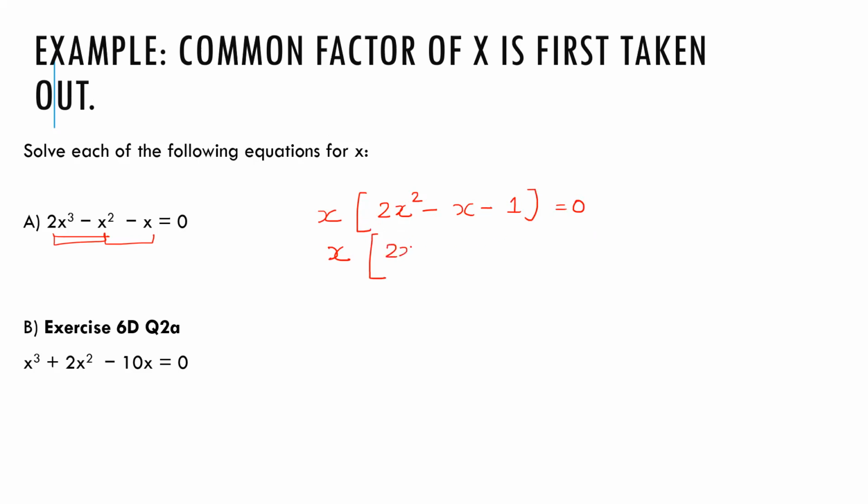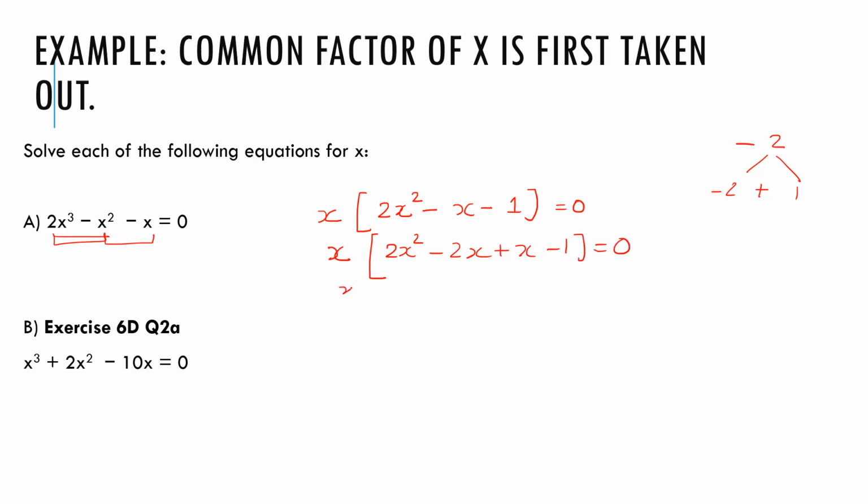So it's 2x squared, so we need to find the factors of negative 2 that give negative 1 when you add or subtract. So negative 2 plus 1, and when you multiply, that gives you negative. So negative 2x plus x minus 1.